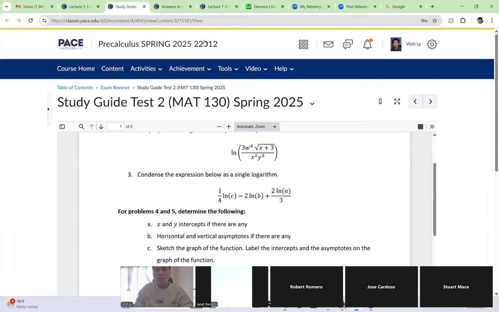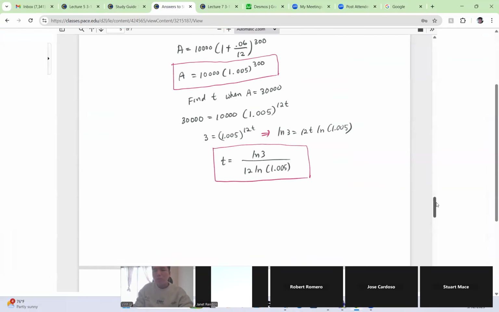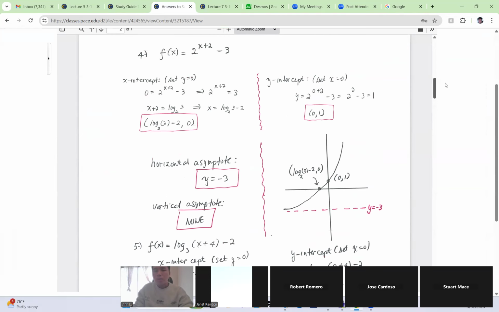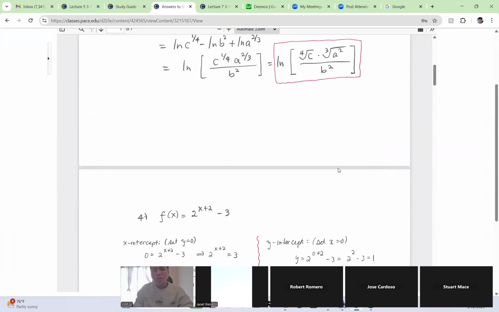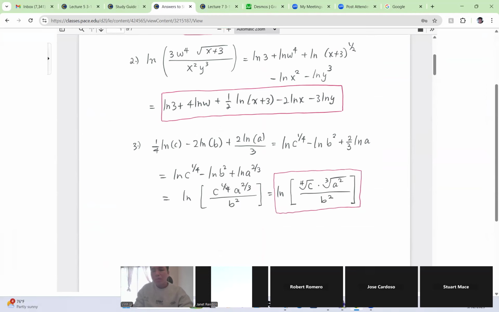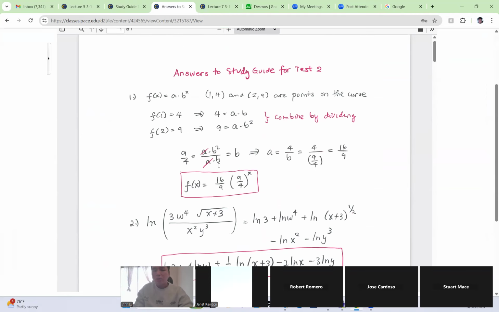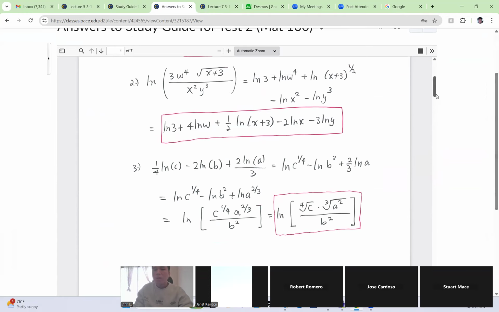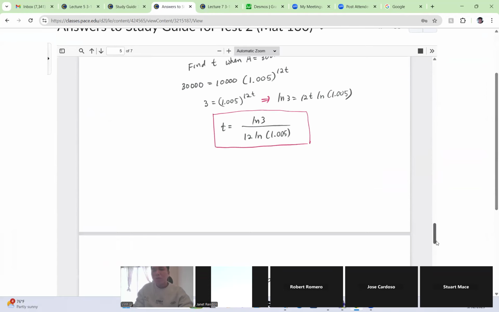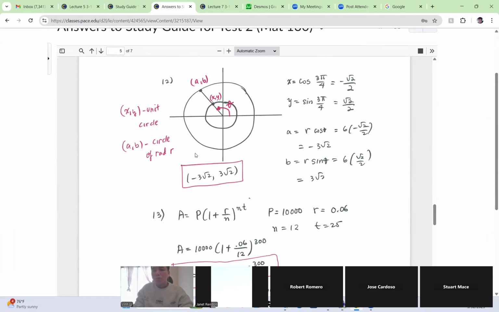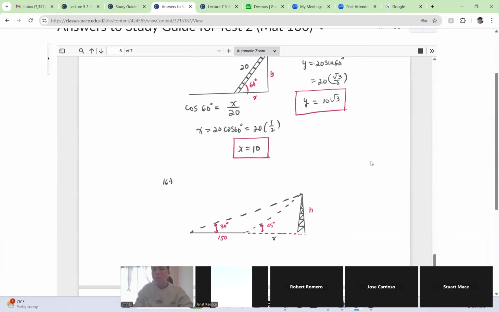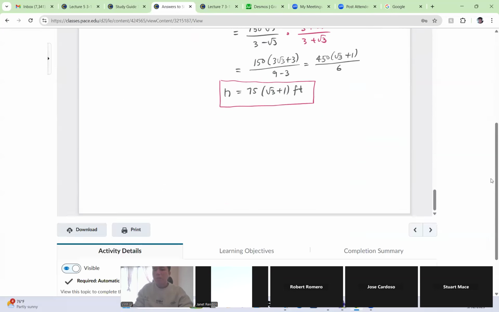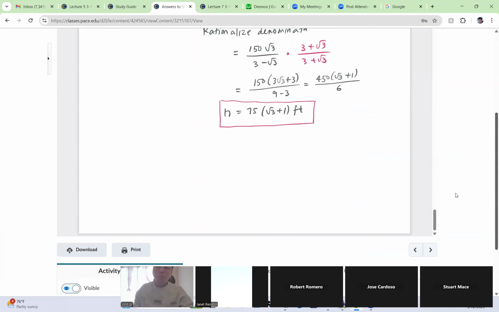And don't forget to go back to the answer key as well. Make sure that we understand how to combine the logs and how to decompose the ln terms. The exam will be very similar to that. We're not going to do question number 13, but we have to do question number 12. I think we did all of this on the test last Wednesday.